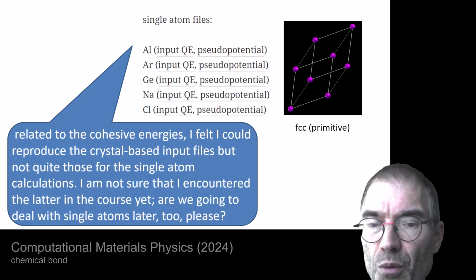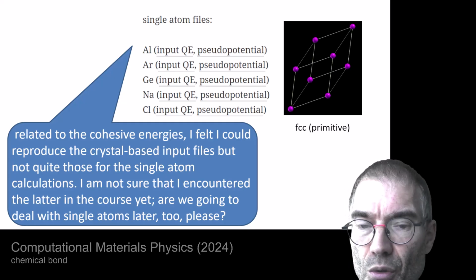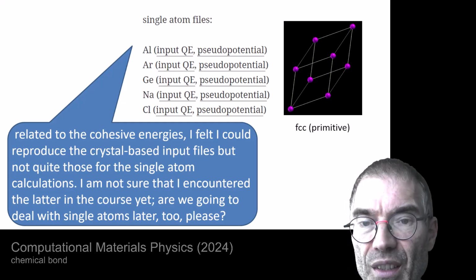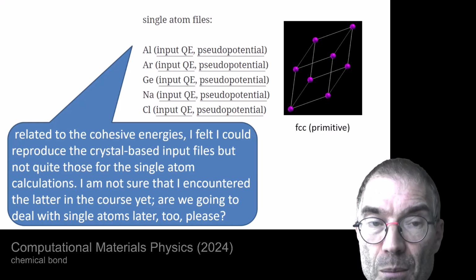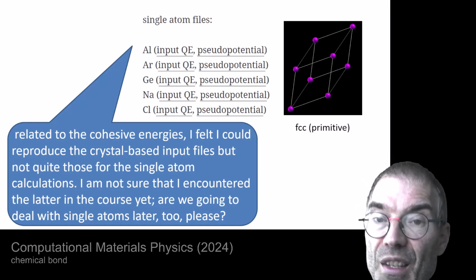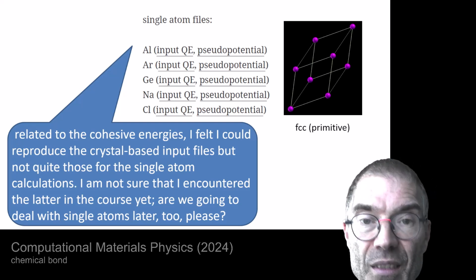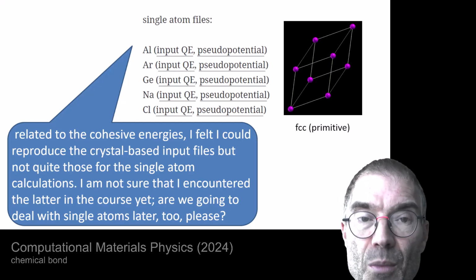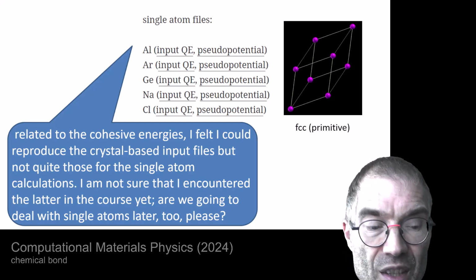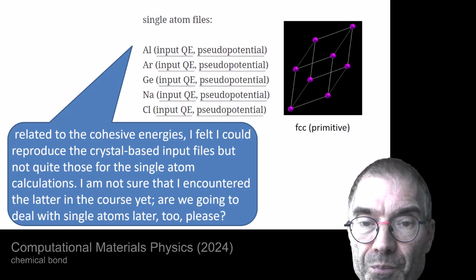And I'm not sure whether I encountered single atom calculations in the course yet, so how are we dealing with single atoms? Well, exactly in this way, by these artificial FCC cells that have this artificially large lattice parameter and therefore nearest neighbors at a long distance.